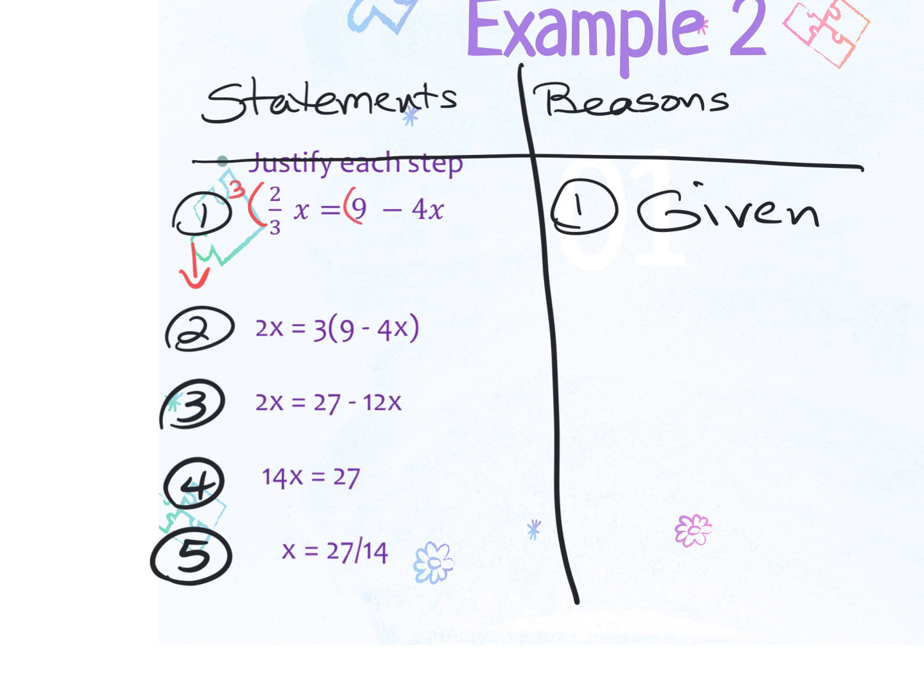So what they did to the first statement is they timesed it by 3. Timesing it by 3 canceled the fraction, and that's how they got the 2x. And then here they just put the 3 in the parentheses. So this reason or justification: since I multiplied both sides by 3, this is the multiplication property of equality.